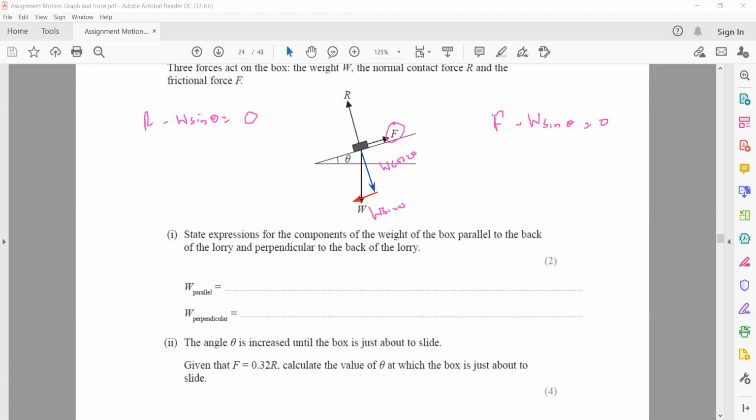R minus W cos theta equals 0, since R is upward and W cos theta is downward. And F minus W sin theta equals 0, where the value of F is given as 0.32 R.